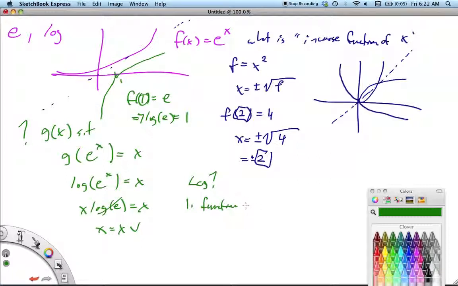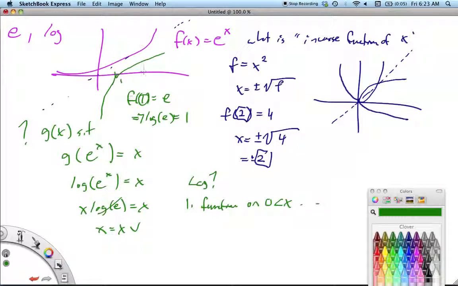Okay, so we know it's a function that's defined, well, it never hits 0, so it's defined on x strictly greater than 0. But other than that, it can go on to infinity.